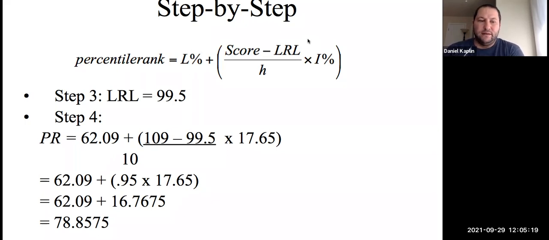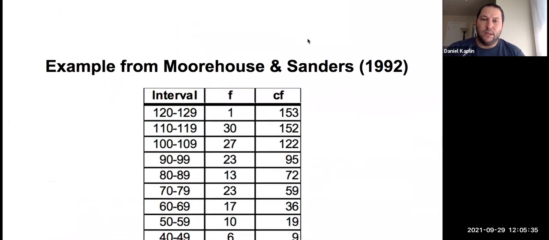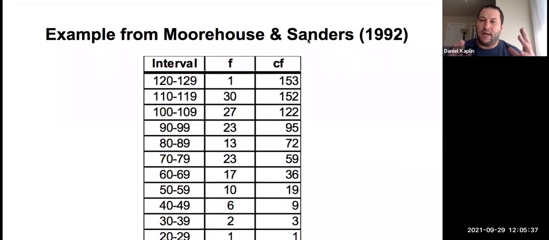You add that to the previous 62.09, and then you get 78.8575, or approximately 79th percentile. So that is the first one. So that's great. So now you know how to calculate percentile rank.